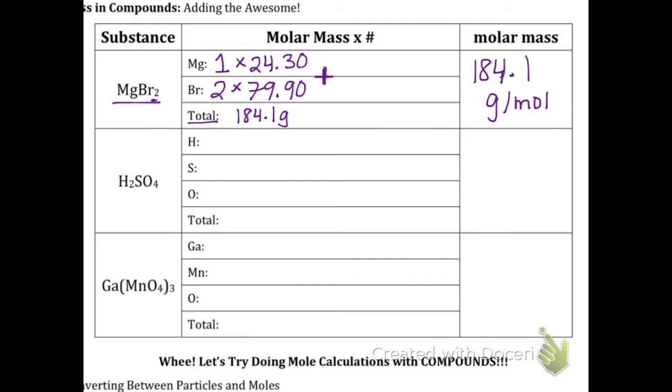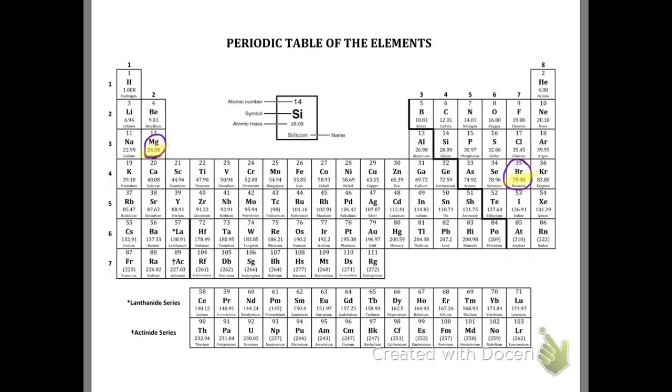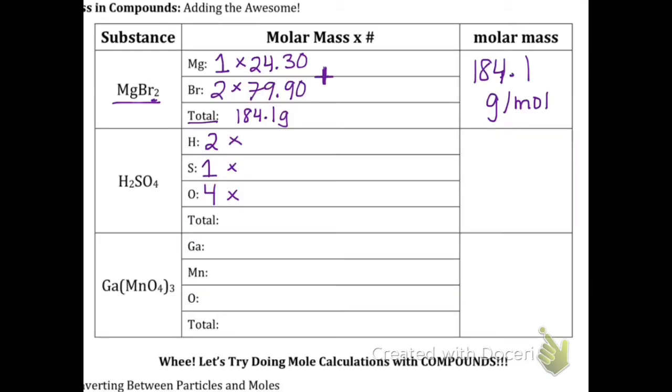So, now the next one. Here we have H2SO4. So let's count how many elements we have. We have 2 hydrogens, okay? We have 1 sulfur, and we have 4 oxygens. So we need to multiply it by all of their masses. So hydrogen is here, 1.008, so times 1.008.